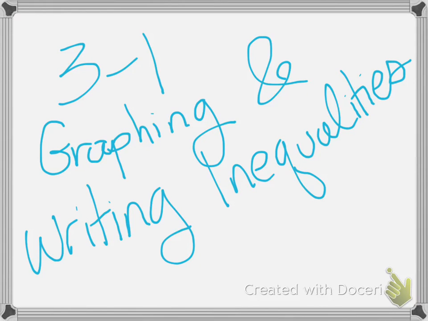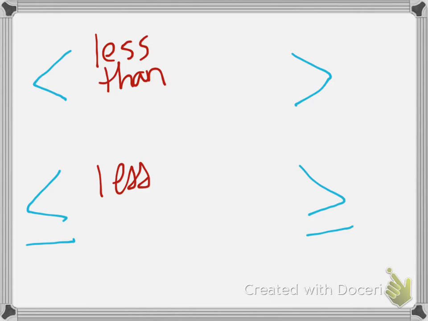Okay, it is time to start chapter 3, and we're going to begin with 3.1, which is graphing and writing inequalities. So these are the inequality symbols. Hopefully they look familiar. This one means less than. This is less than or equal to.